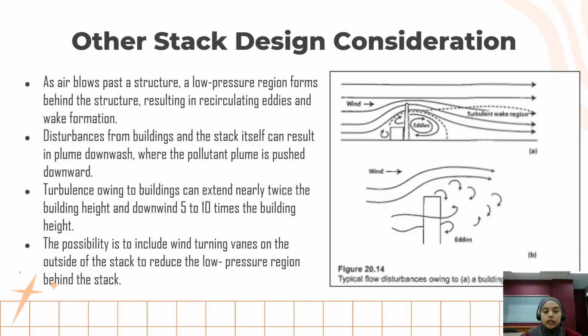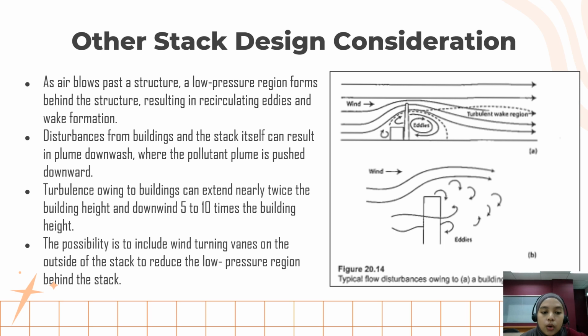So for the other stack design considerations, as air blows past a structure, a low pressure region forms behind the structure, and it results in recirculating eddy and wake formation. So the disturbance from the building and the stack itself can result in plume downwash, where the pollutant plume is pushed downward.